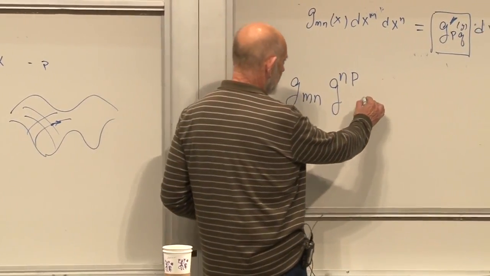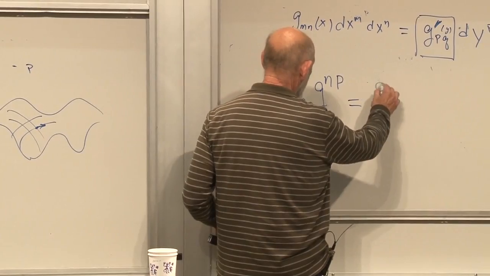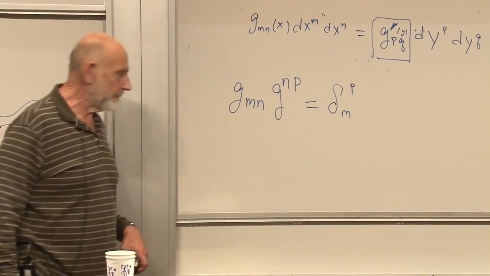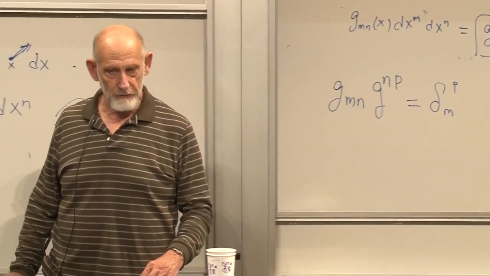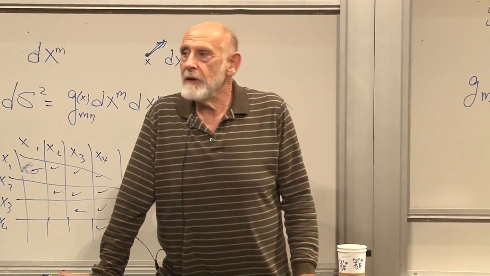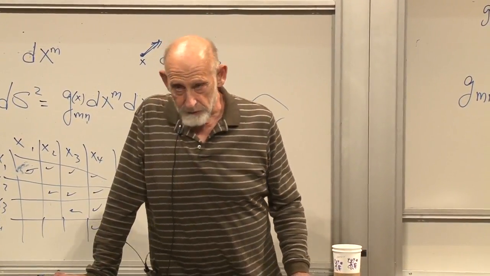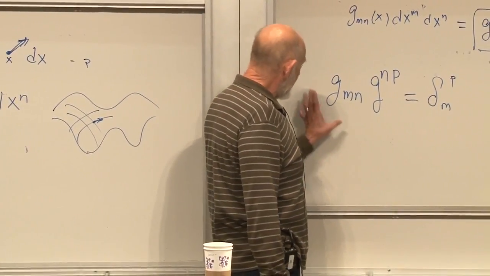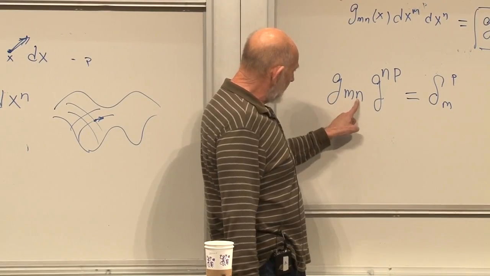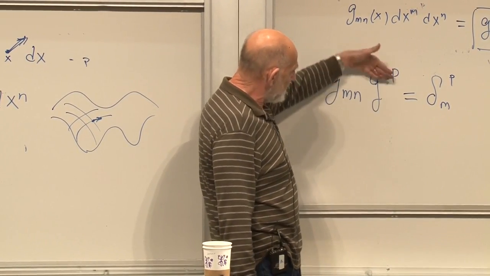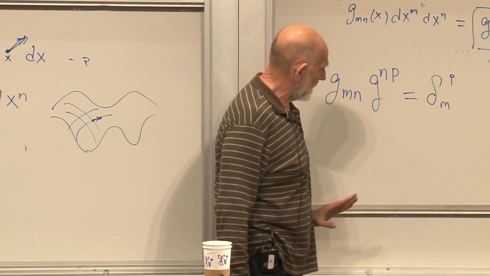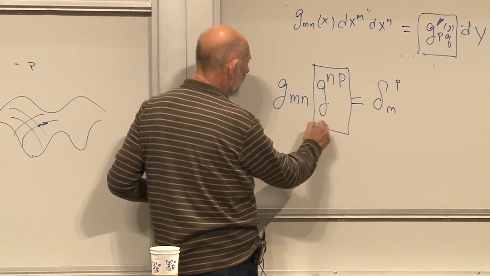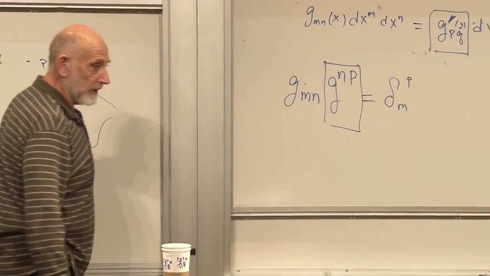Equals delta_m^p. What is delta_m^p? Thought of as a matrix, it's the unit matrix, the identity matrix. What this equation says is the product of the matrix G_mn with the matrix G^np with upper indices is the unit matrix. It identifies this object over here as the inverse matrix to this.